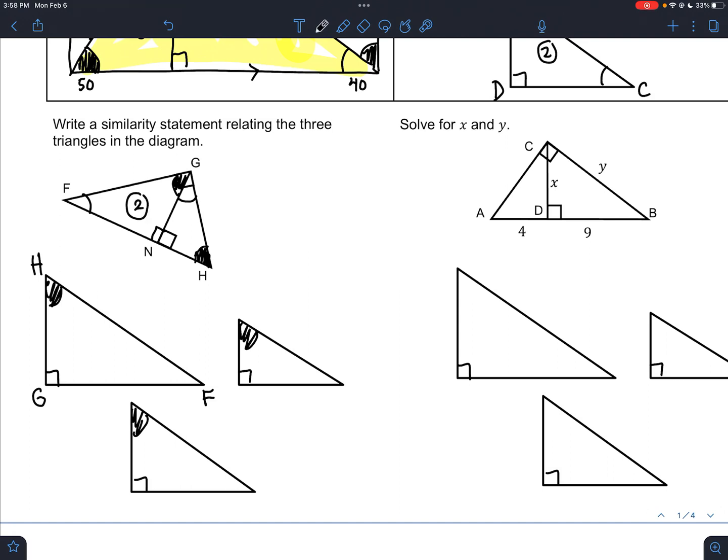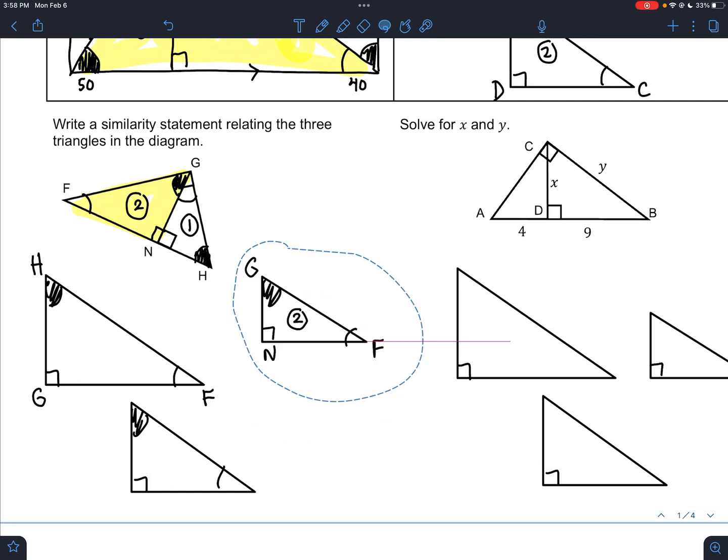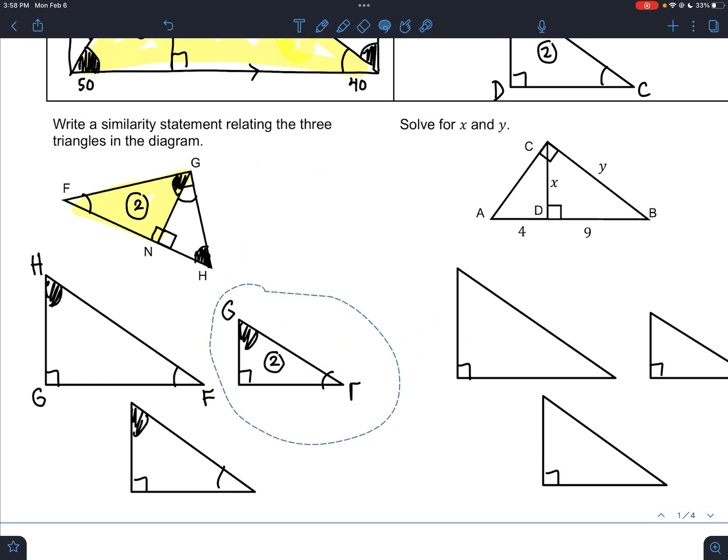And then this triangle, which I'll call the second biggest, or the second smallest, if we highlight that, we can see it's G, F, and N. And for the smallest one, oops, sorry, hold on. I messed that up. I meant to be drawing on.